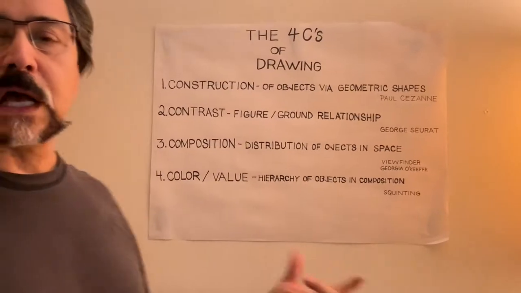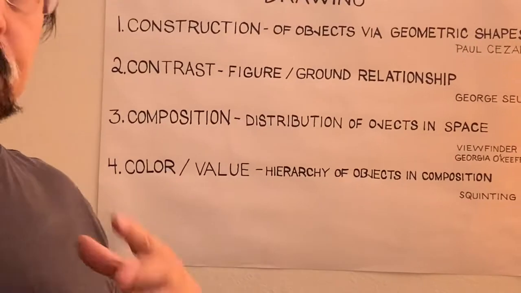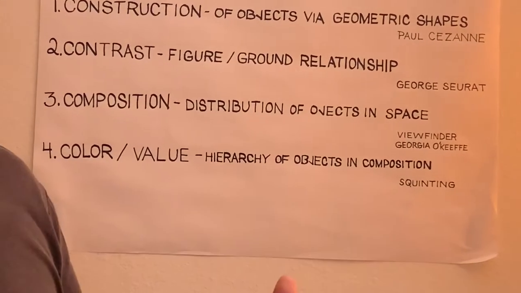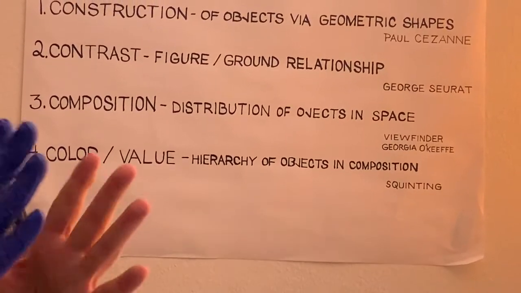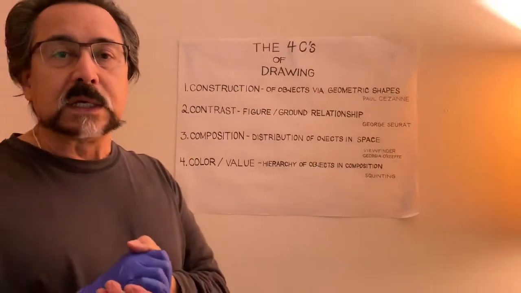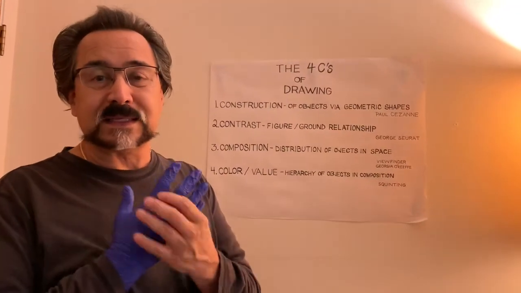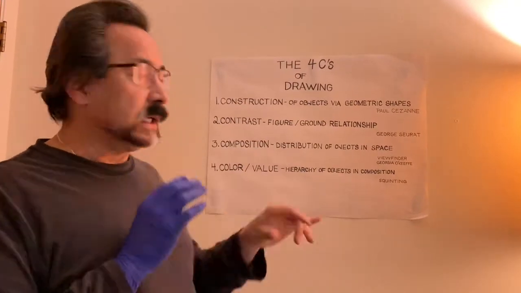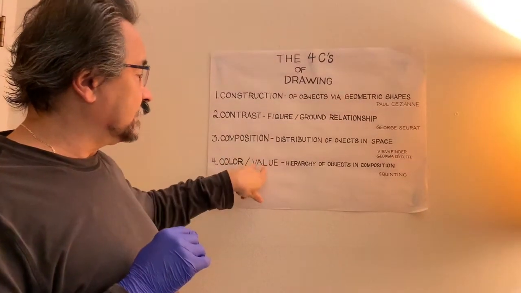And the last one is color of value. Everything has value. Value is the gradation of light and dark. So we're going to be working with grays at this moment. So we ignore color right now and we use value.